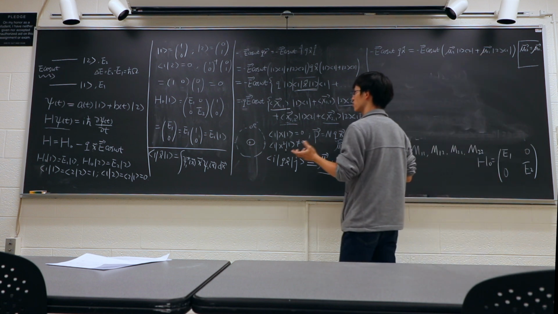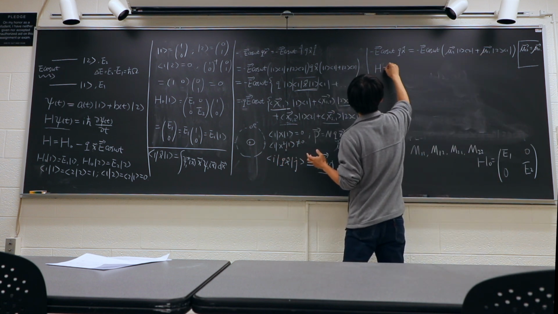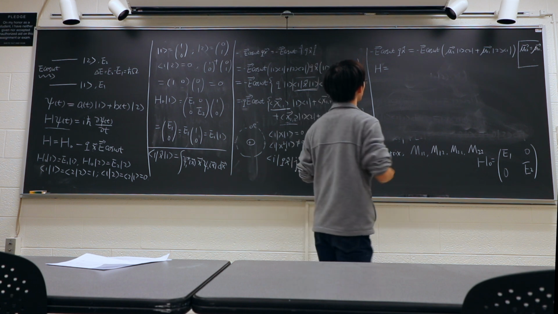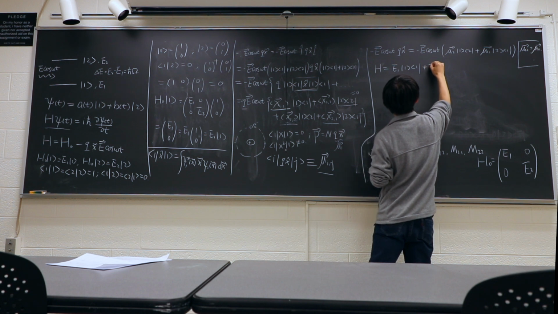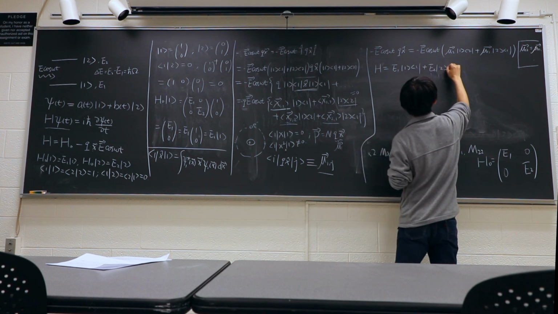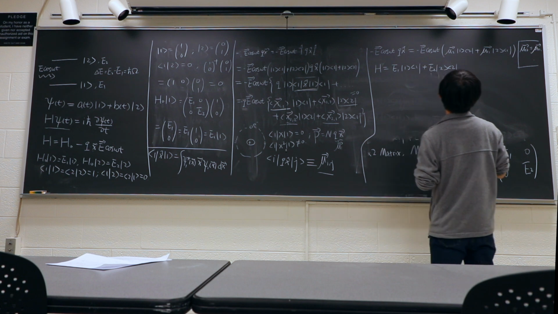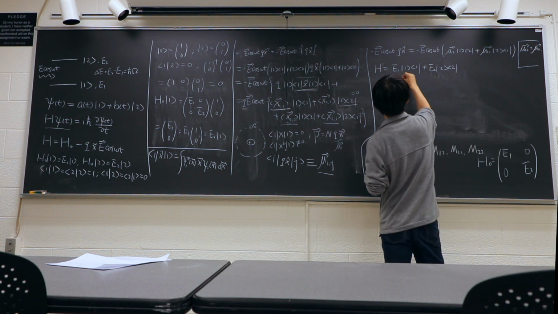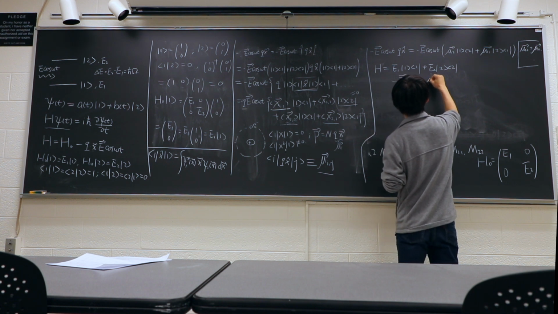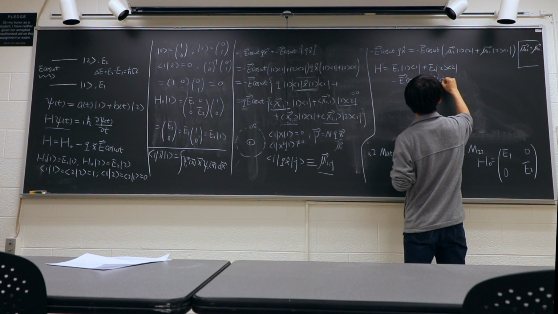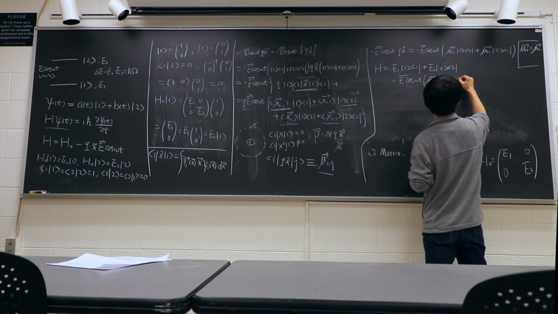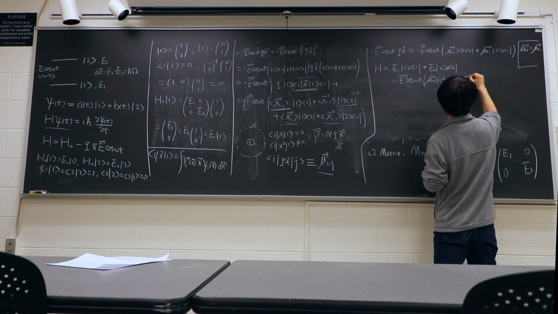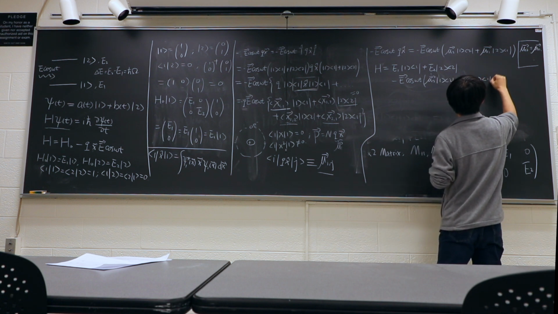Now when you combine these two together, H, now you get E1 |1><1| plus E2 |2><2|, and then minus mu |1><2| minus mu |2><1|.